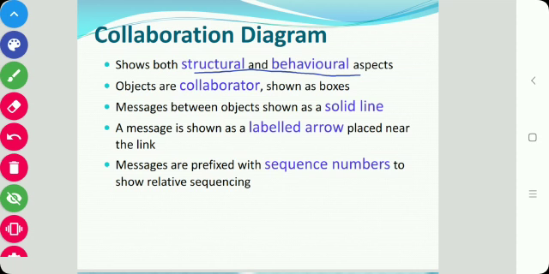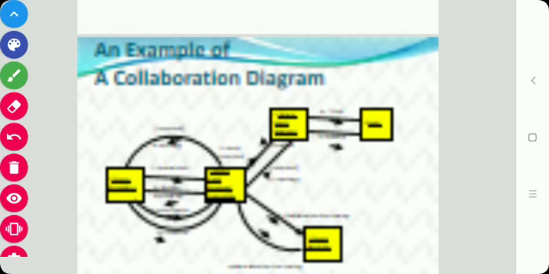Structural means it gives the collaboration among the objects. Here an object is also called a collaborator, and the links between the objects that communicate with each other are shown by solid lines, and it gives the messages that are passed among the objects. So it is the structural view.